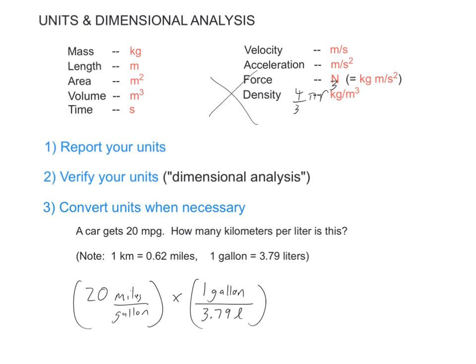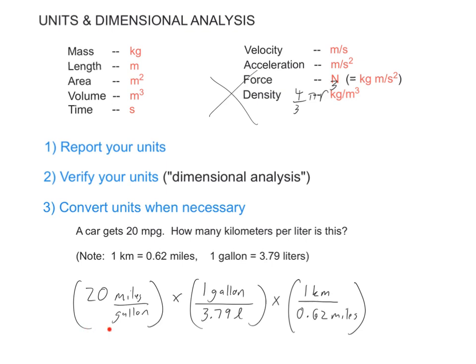Let me continue on, though. Next, I'm going to multiply this expression by the following. I know that 1 kilometer is the same thing as 0.62 miles. So this expression that I just wrote in parentheses is in fact also equal to 1.